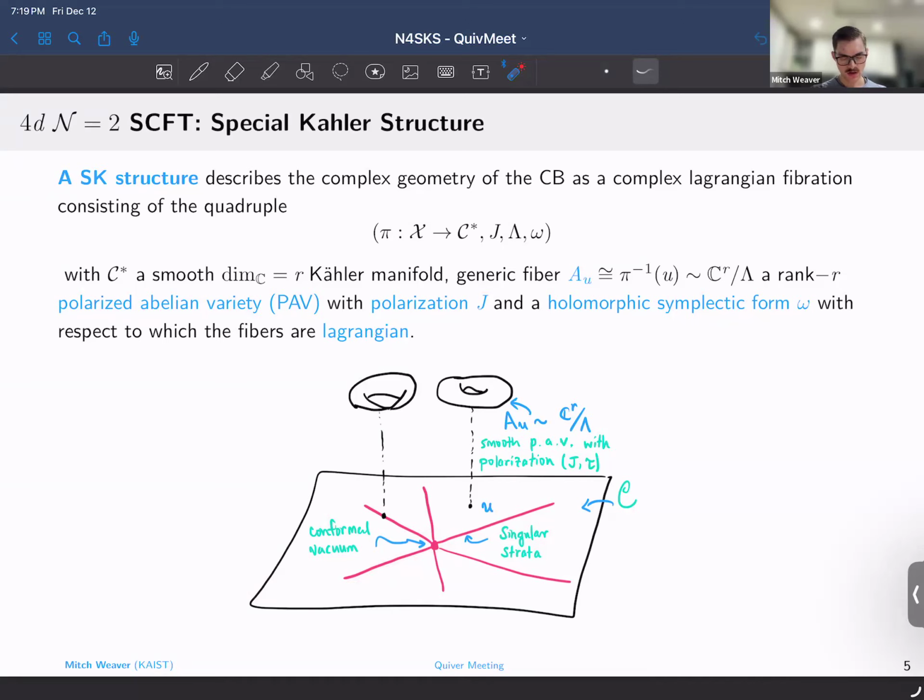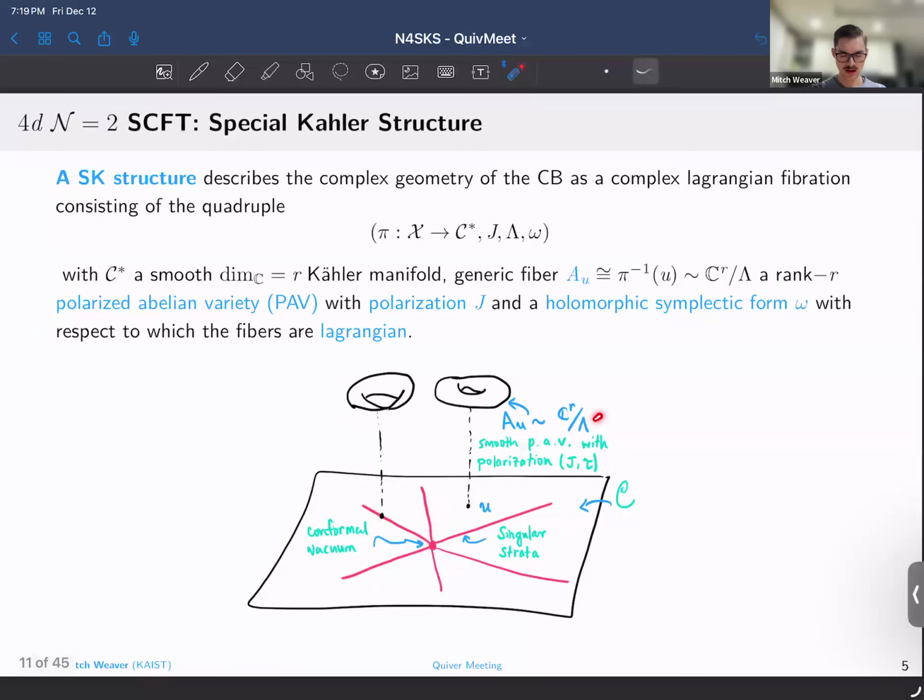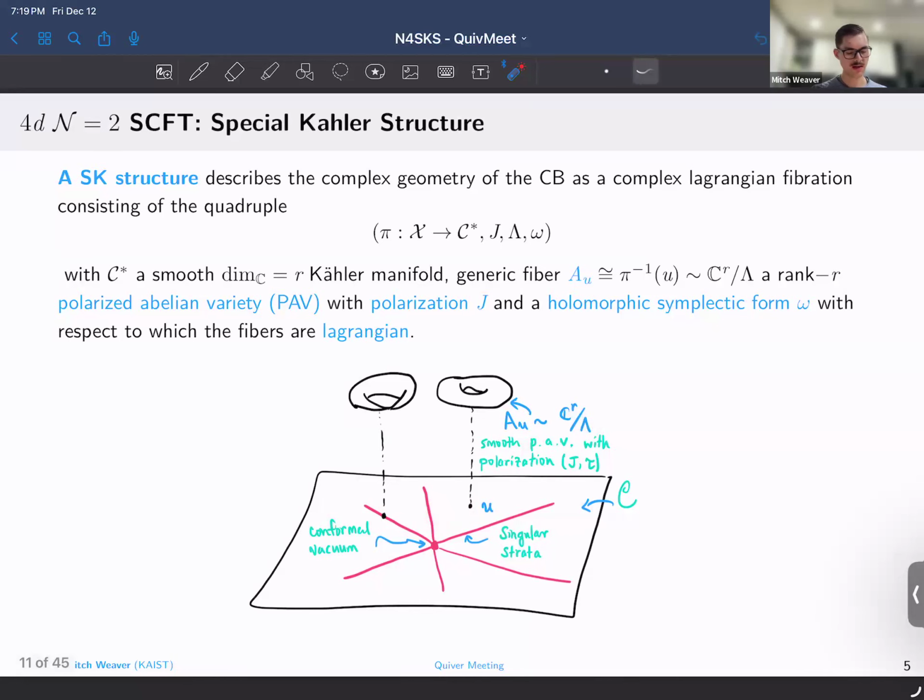And at a generic point, we have a smooth polarized abelian variety where this Λ here, I'm going to repeat this in a moment, corresponds to a charge lattice. And when you approach one of these singular loci, the fiber will typically degenerate in some fashion, indicating that you have some massive charged states whose charges live in the lattice becoming massless.